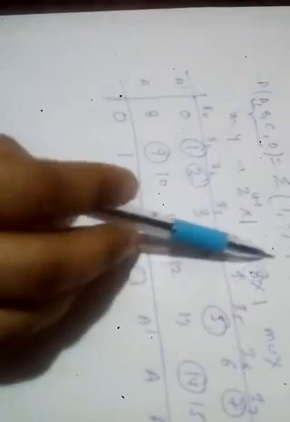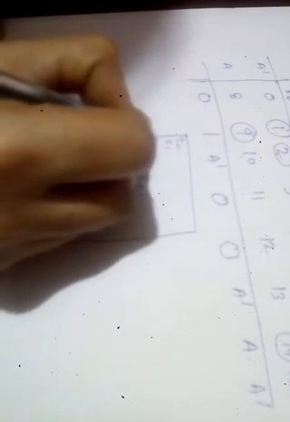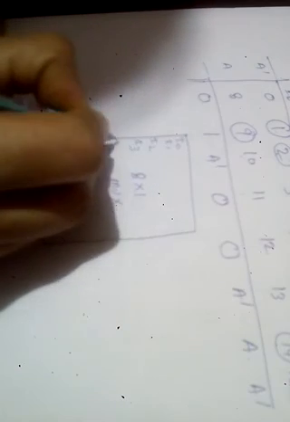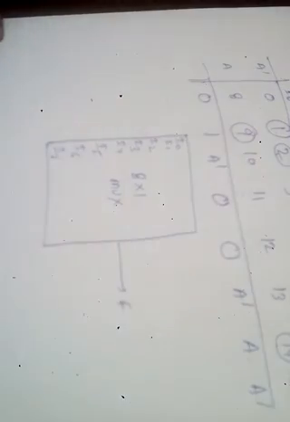So now we can implement this Boolean function using 8 by 1 mux. This is 8 by 1 mux. Inputs I0, I1, I2, I3, I4, I5, I6 and I7, and this will be the output.